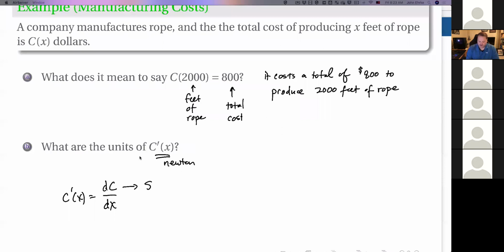The units for C are cost, the units for X are feet. So the units here are dollars per foot. So the derivative in this problem would tell me how many additional dollars it costs to manufacture one additional foot at a particular production level.